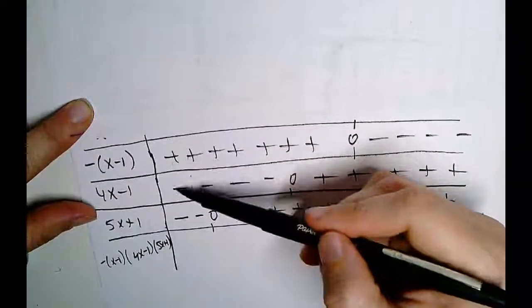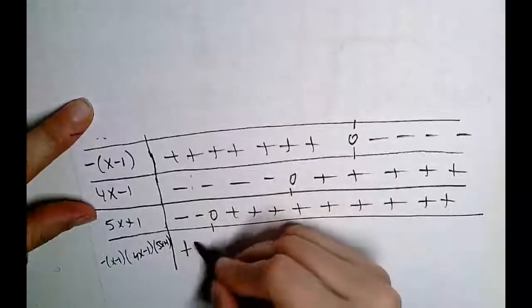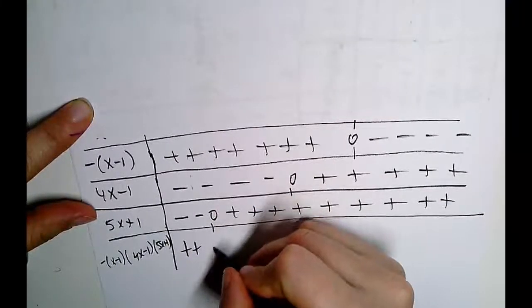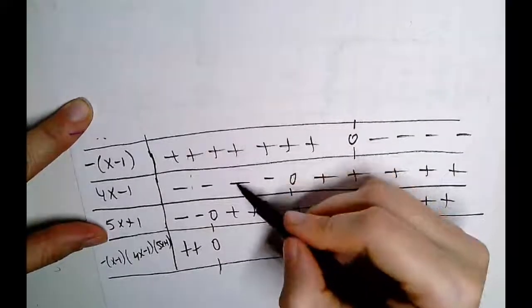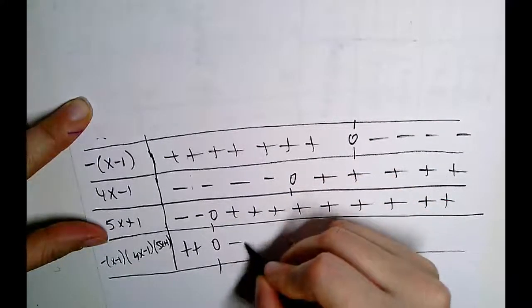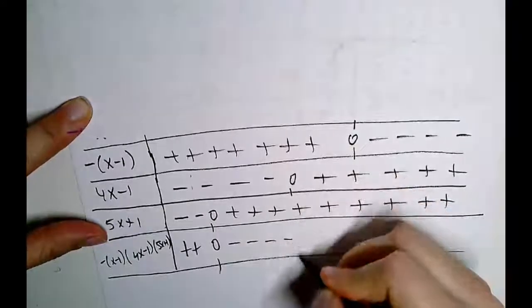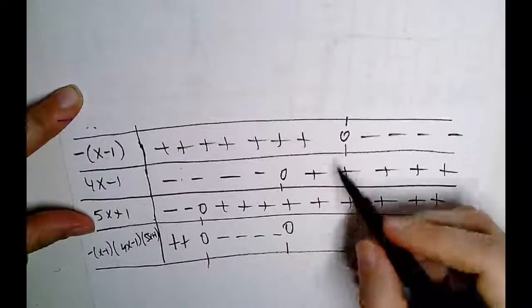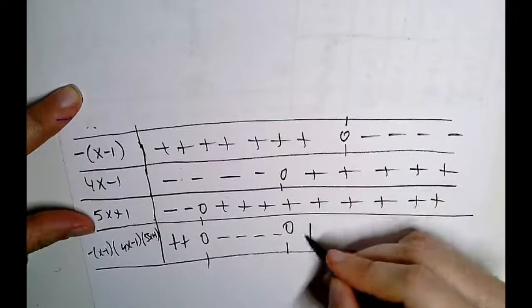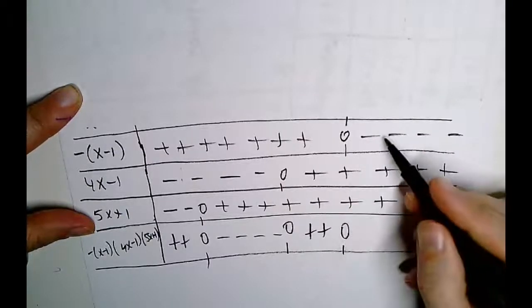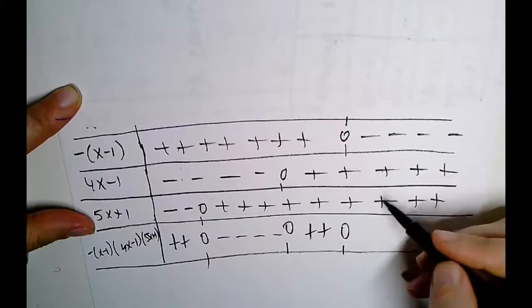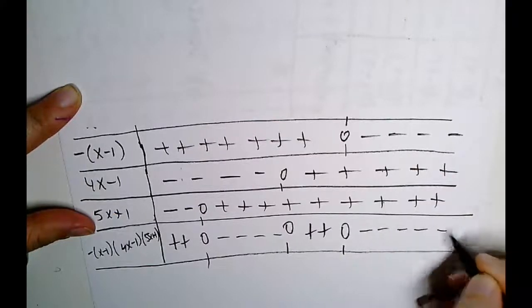A positive times a negative gives me a positive. When I have a 0, I must have a 0 here. A positive times a positive is a negative. When I have a 0, the answer is 0. A positive times a positive is positive. A 0 times a positive is 0, and then a negative times a positive is a negative.